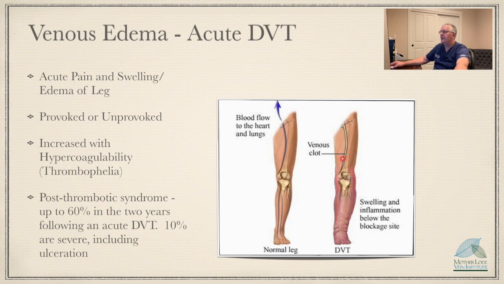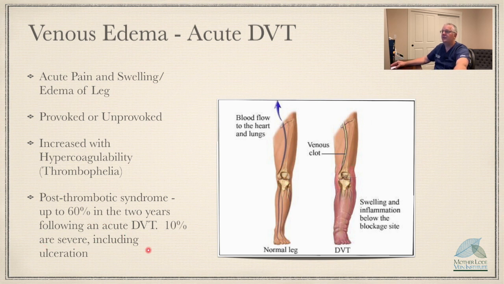Post-thrombotic syndrome is something that we worry about as venous and lymphatic medicine specialists. We worry about that because it's very, very common. About 60% of people that have an acute deep vein thrombosis will, in 2 years, develop symptoms and signs of post-thrombotic syndrome, which is pain and swelling after a clot.